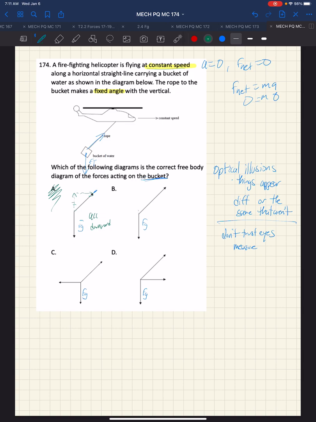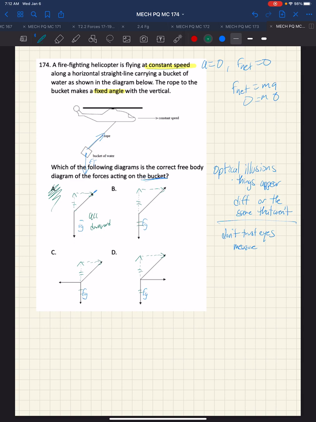In the second case, if we draw the components, we see that these two are equal and opposite. And we'll just leave it at dealing with the horizontal this time. In the third one, we can see that these two are equal and opposite. And in the last one, we can see that they're equal and opposite. But it's this first case where we can see that they're not equal and opposite.